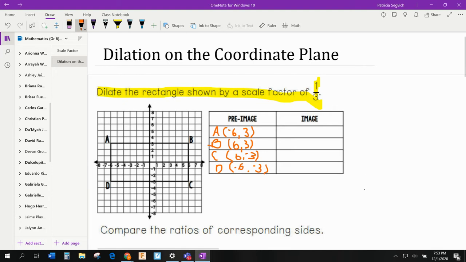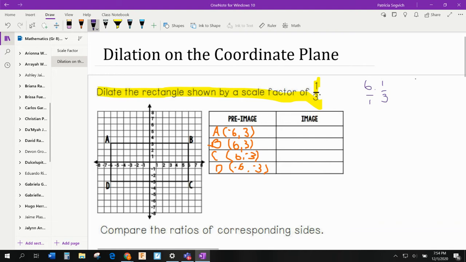Okay. So now we have to take these coordinates and multiply them by our scale factor of 1/3. We notice we have all 6s and 3s. So let's go 6 times 1/3. Remember how to multiply fractions? We take the 6, turn it into a fraction by putting it over 1.